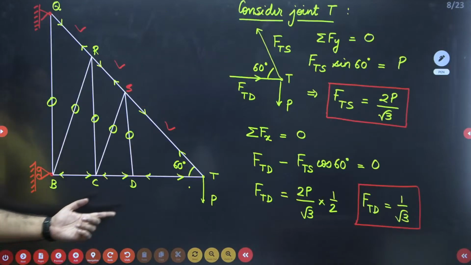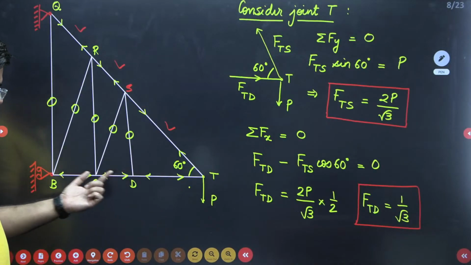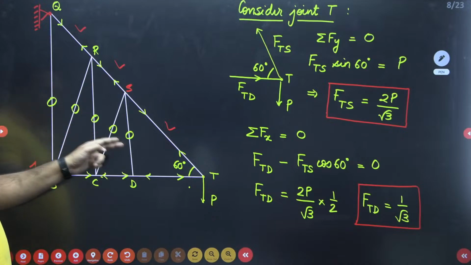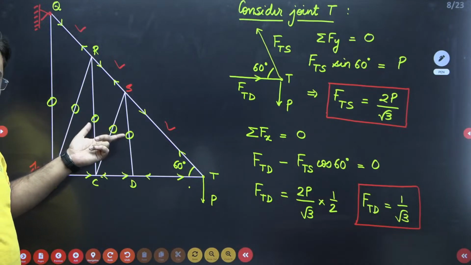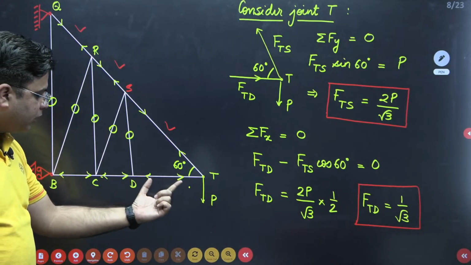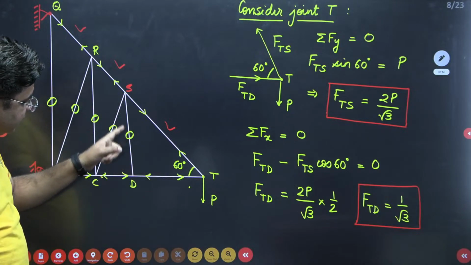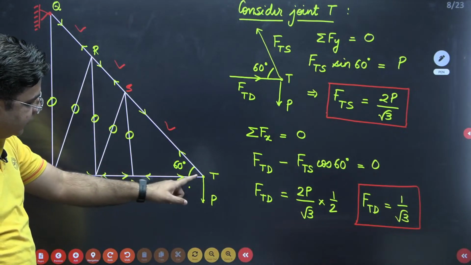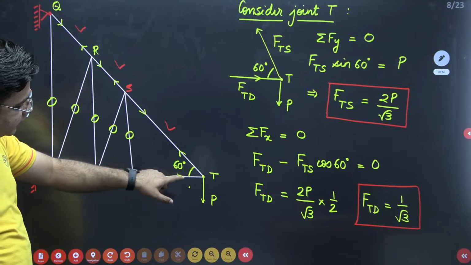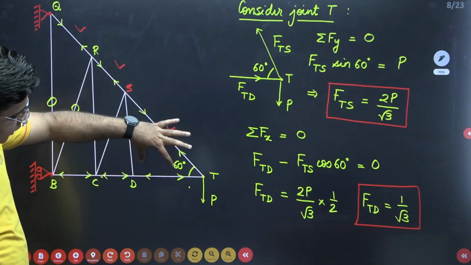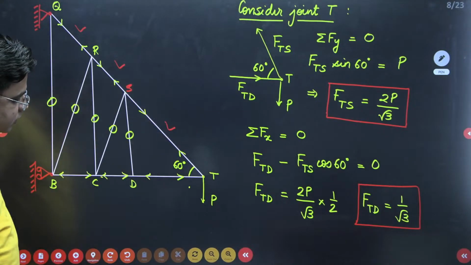We have to determine the length of these members, because these members are zero force members, so we need not worry about these. For determining this length, you can consider this triangle SDT. So cos 60 is equal to base over hypotenuse.